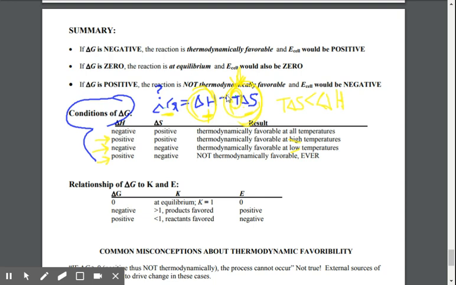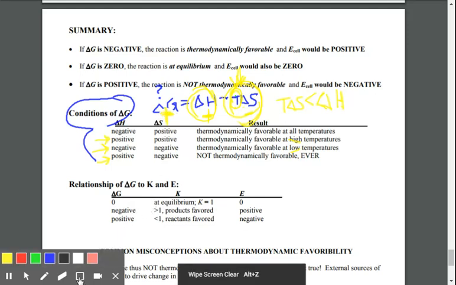So no matter what my temperature is, my delta G is always going to be a positive value. So if delta H is positive, delta S is negative, you will never have a reaction that is thermodynamically favorable. Doesn't matter what the temperature is. So delta G will always be positive in that case scenario.